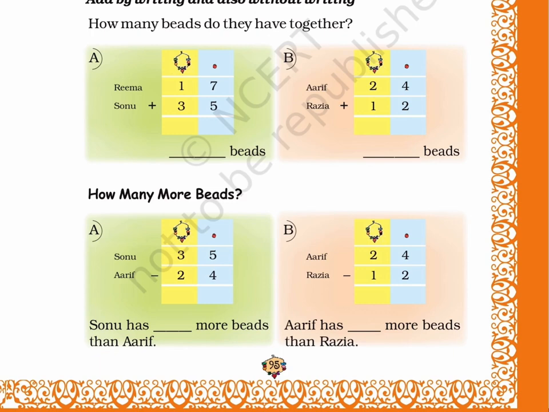Part 2. How many more beads? Question A. If Sonu has 3 necklaces and 5 loose beads, and Arif has 2 necklaces and 4 loose beads, how many more beads does Sonu have than Arif? Sonu has dash more beads than Arif.